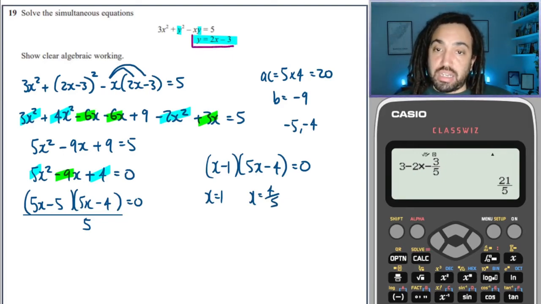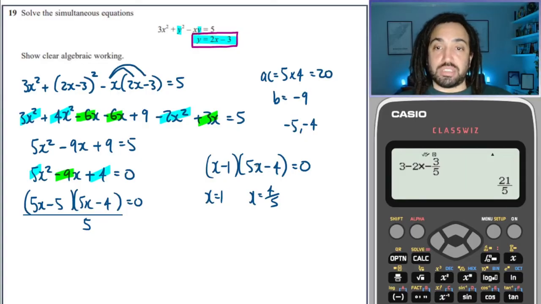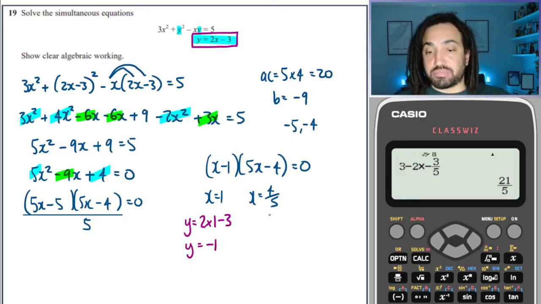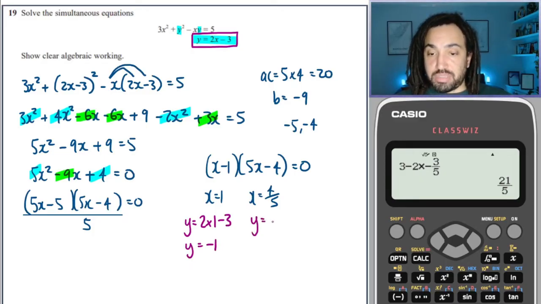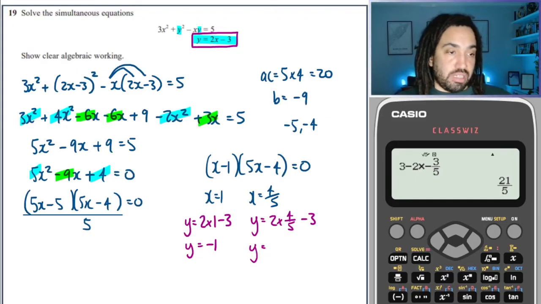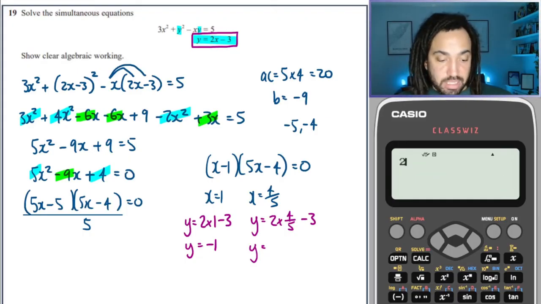Okay, now we go back to the start and we sub in to work out our corresponding y's. So we times the x by 2 and then we minus 3. So that's minus 1. And over here we times the x by 2 and then we minus 3.